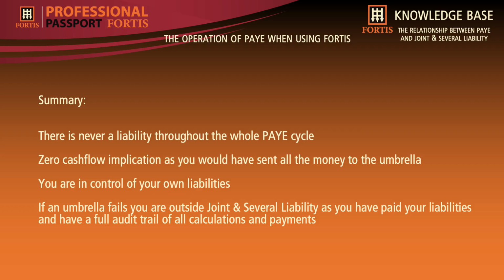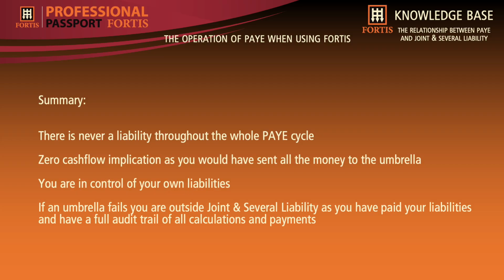Also, there are no cash flow implications to the business, as using the traditional approach of sending all the money to the umbrella company for them to then settle the PAYE, versus making 2 payments, one to the umbrella for the amount required to pay the workers, and the second payment directly to HMRC for the resulting PAYE liabilities, costs exactly the same.